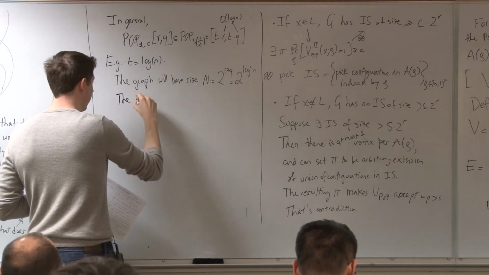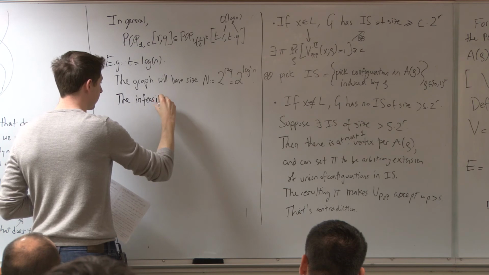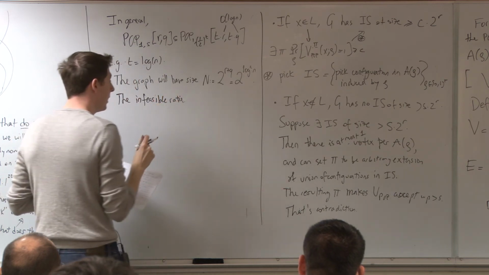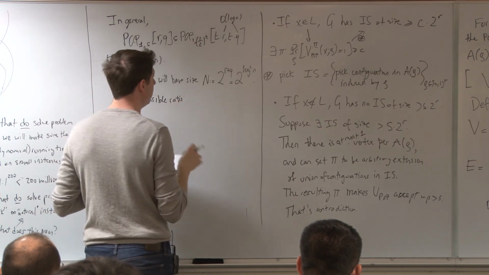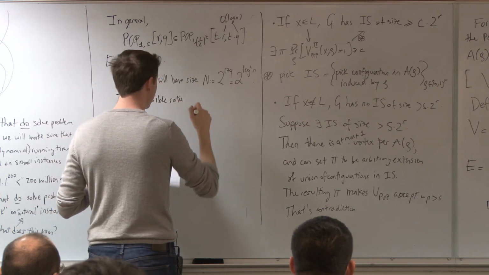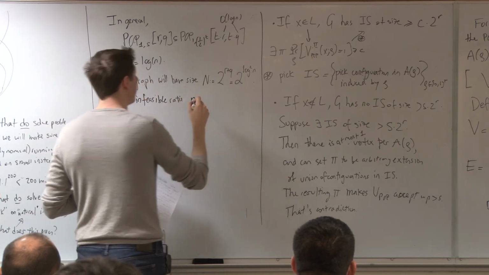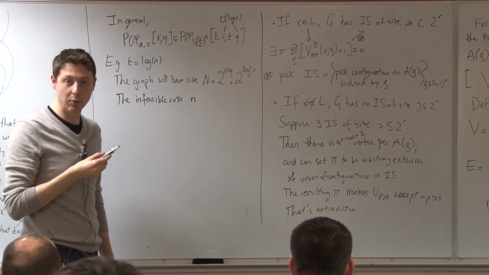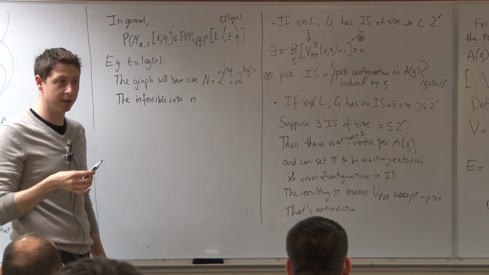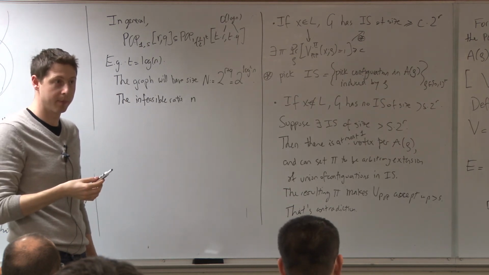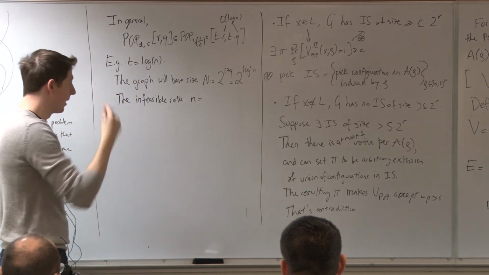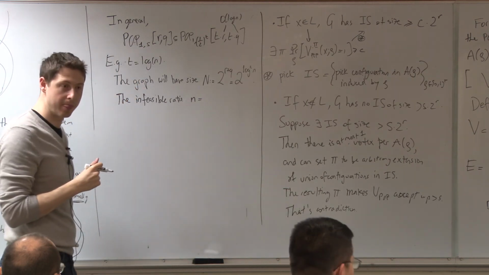The infeasible ratio is going to be n, right? Because we have 1/2 to the log n, okay? That will give you 1 over n. 1 over n will give you n. Now, n in terms of capital N is what?